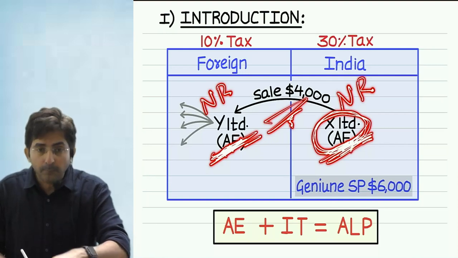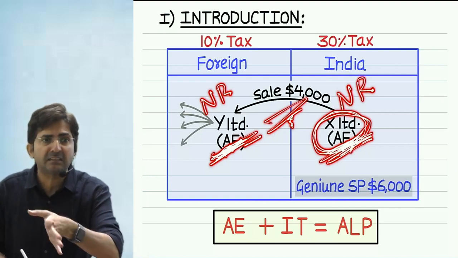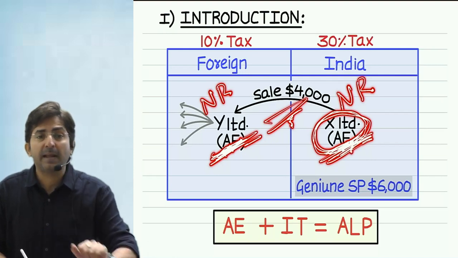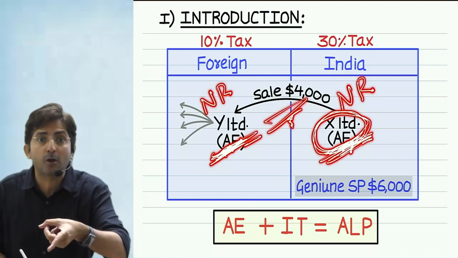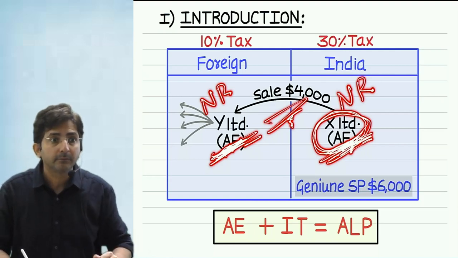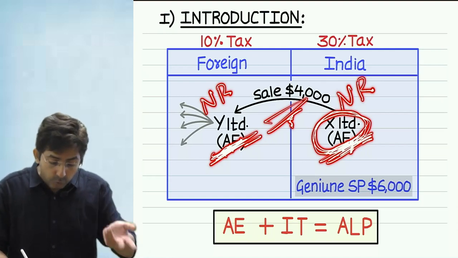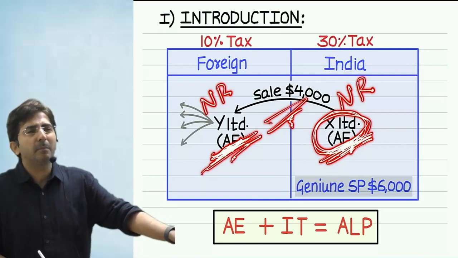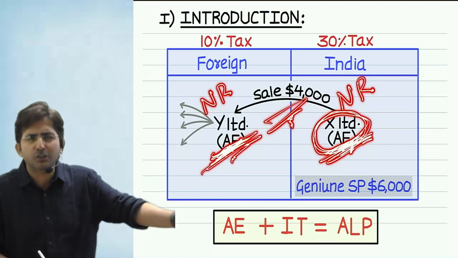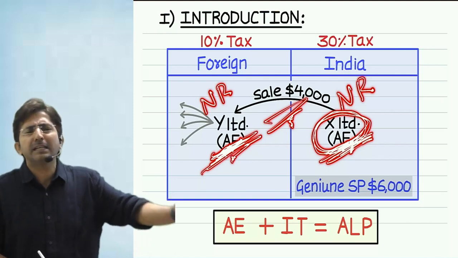And while reporting in India, they are cheating India by manipulating the price. So I am just trying to prove: will the Indian government be affected or not? It will be affected. And assume in my example, Y Limited is an Australian company having business fully in Australia. It has no connection in India.